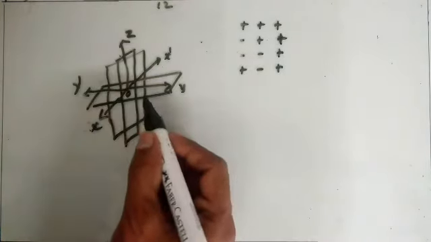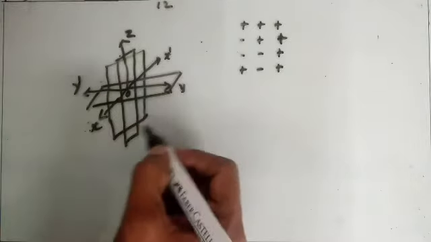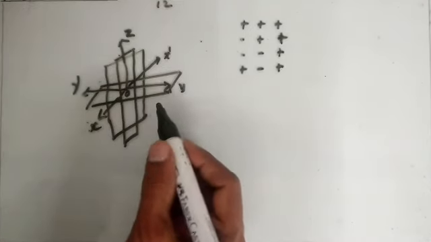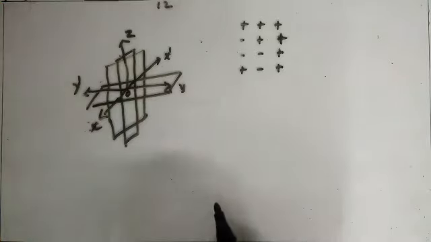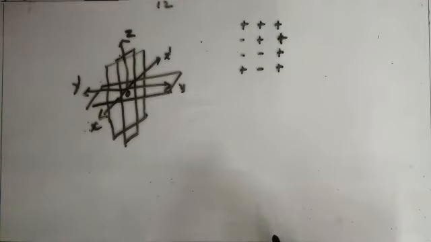Similarly, below this fourth octant, we get 4 more octants. So total number of octants, that is the total number of parts of space, we get 4 plus 4, that is 8 space parts.